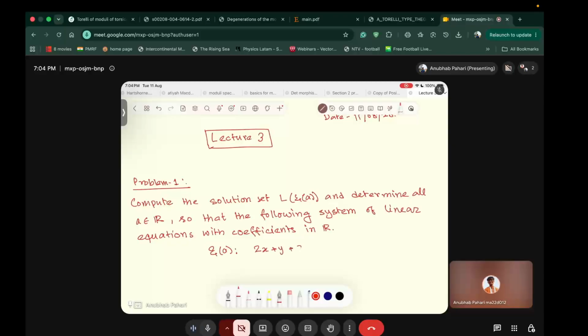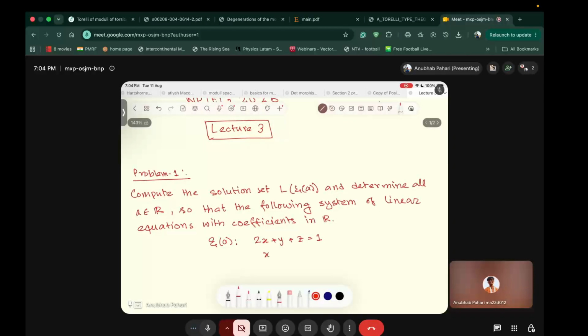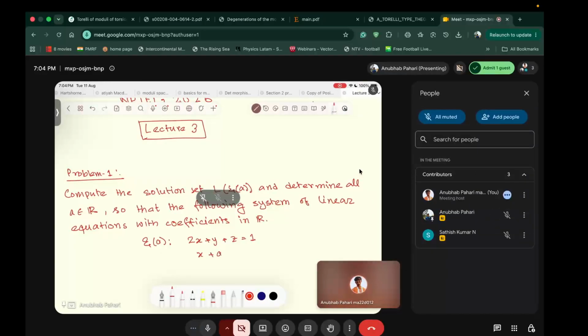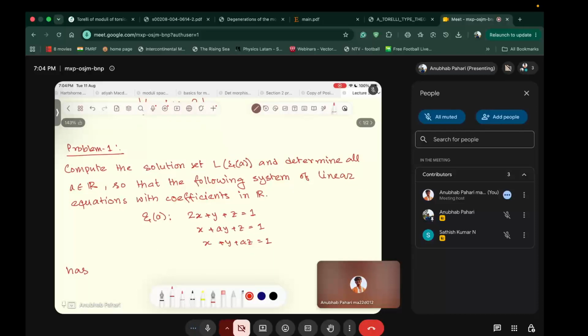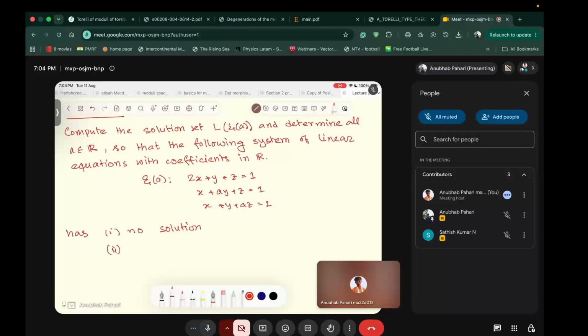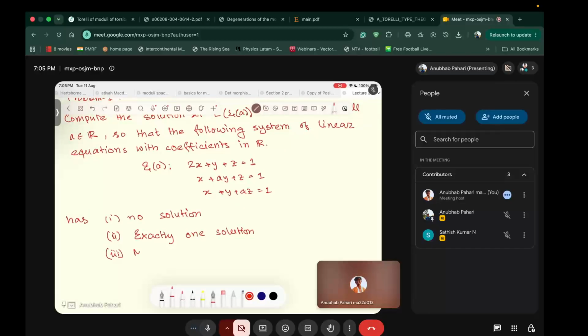consists of three equations. This x plus ay plus z equals 1 and x plus y plus az equals 1 has: 1, no solution; 2, exactly one solution; and 3, more than one solution.